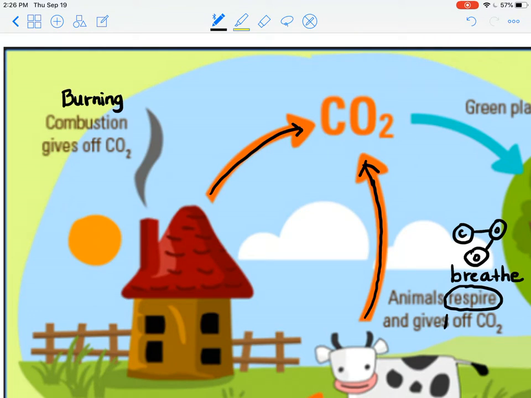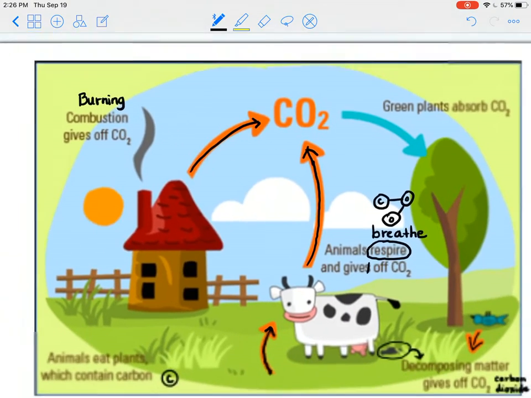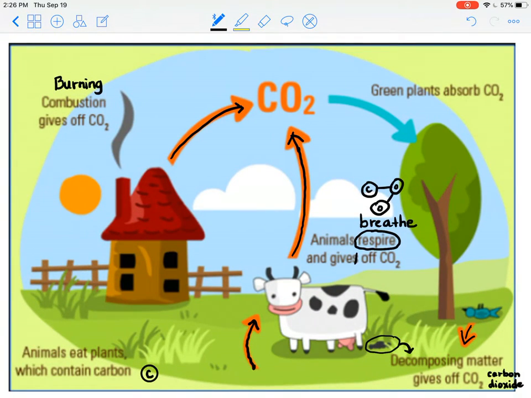Anytime a fuel is ignited and it burns, that is releasing carbon dioxide. So the orange arrows are showing you all the ways that carbon and carbon dioxide get into the environment.